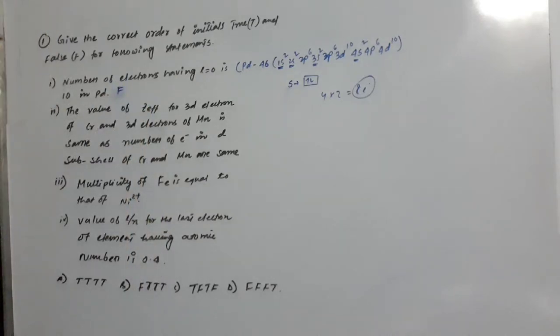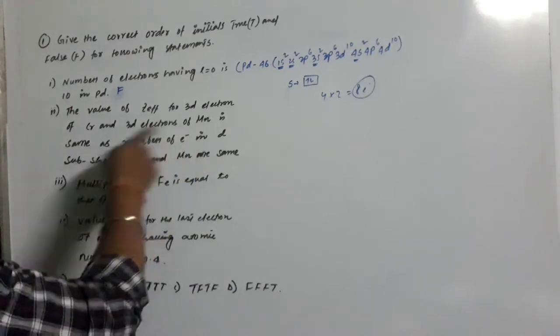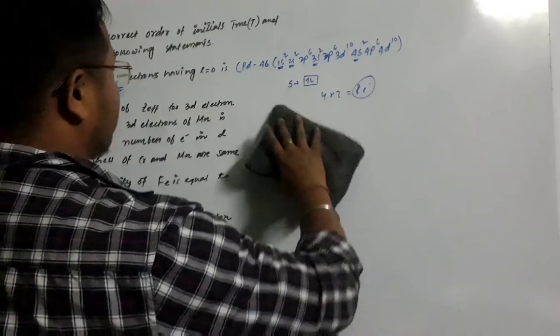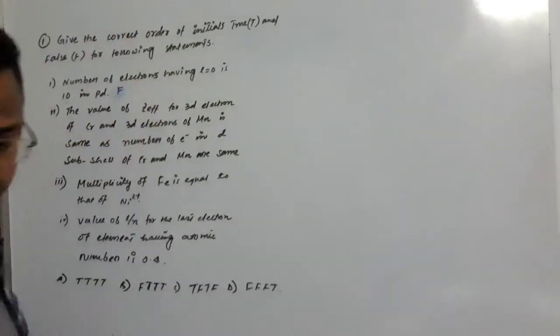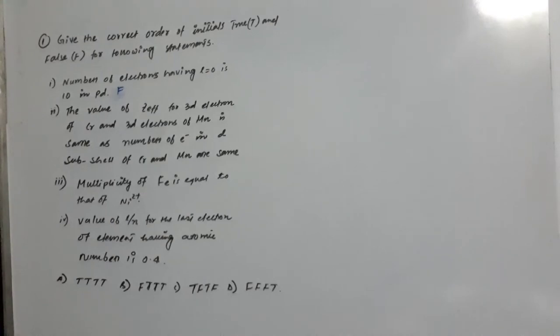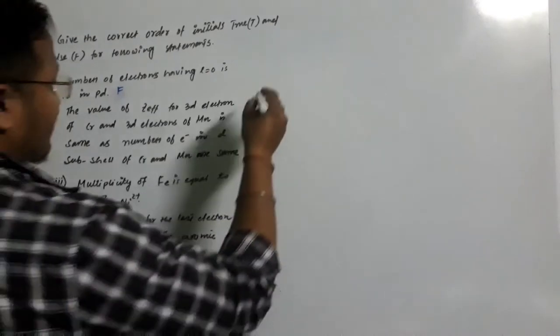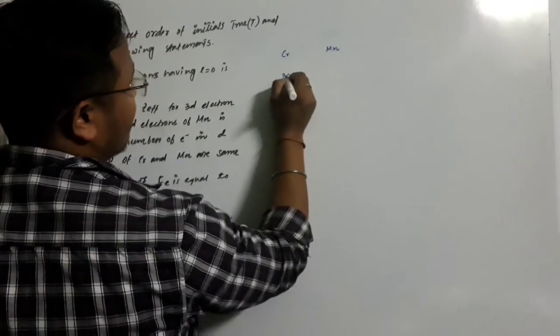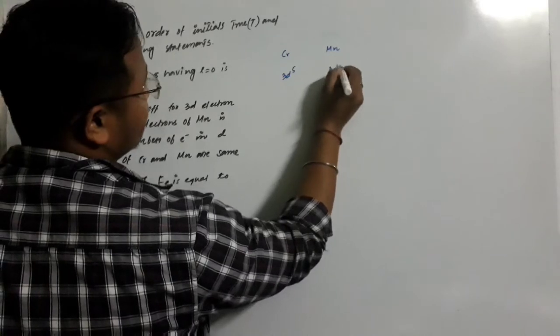Now the other statement says that the value of Z effective for the 3d electron of chromium and the 3d electron of manganese is the same, as the number of electrons in the d subshell is the same. Now as we can see, chromium and manganese both have 3d5.